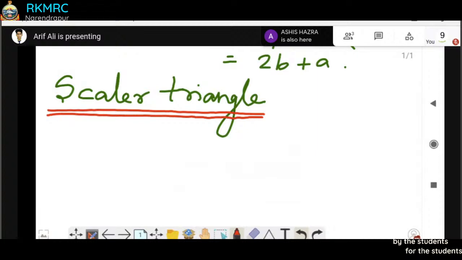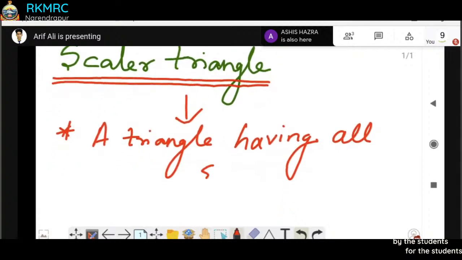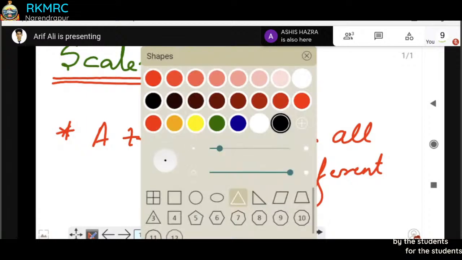A scalene triangle means a triangle having all sides different.